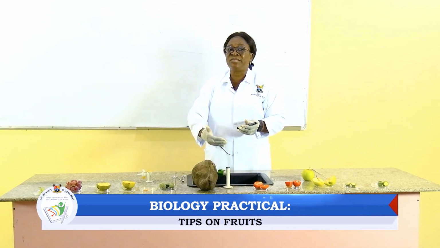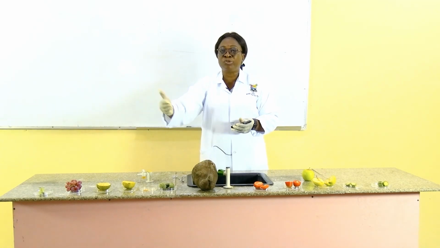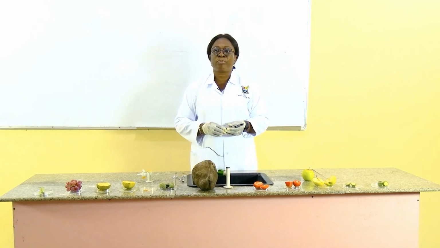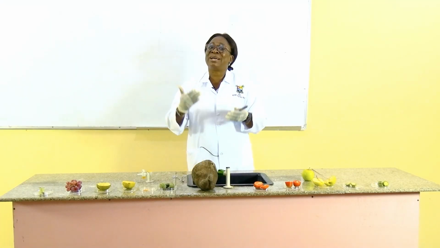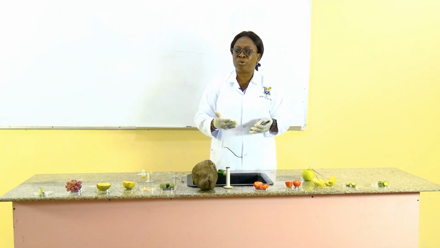And as they eat it, they drop the seeds along, and the seeds can find good soil to germinate and grow. Wind is usually the agent of dispersal for fruits that are light-weighted. Most times, fruits that are dry, they are lightweight when they are ripe and matured. So the wind can easily carry them from place to place.